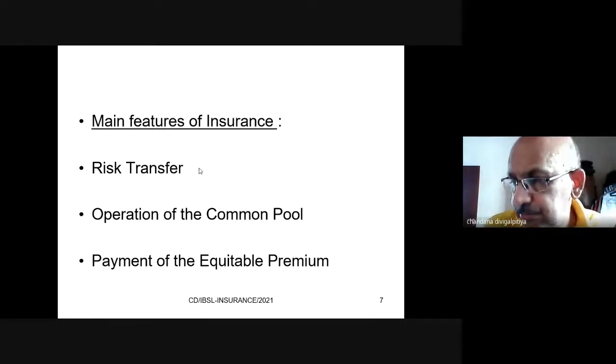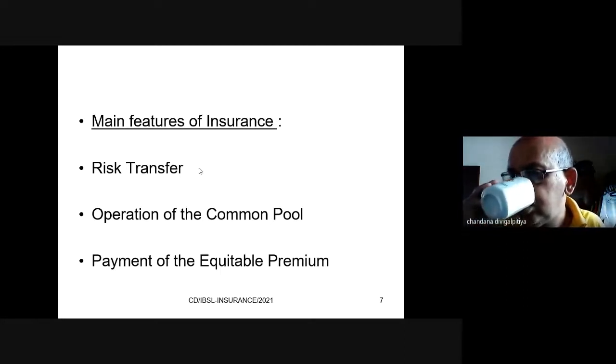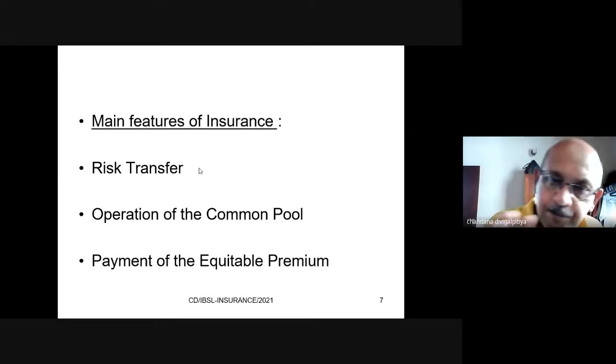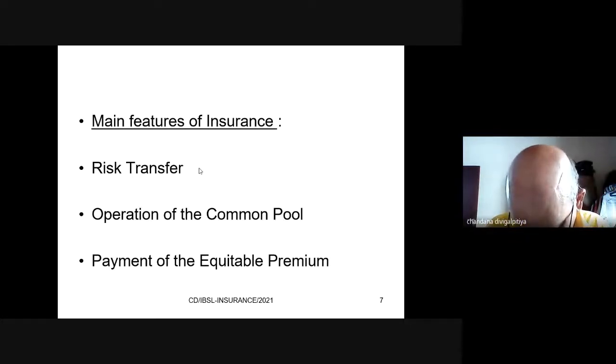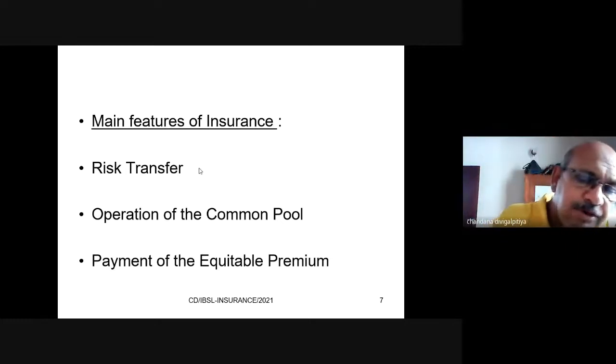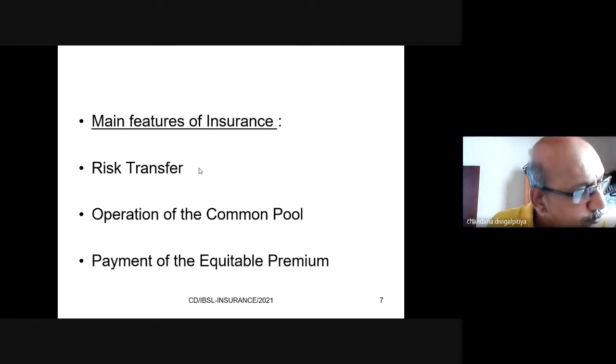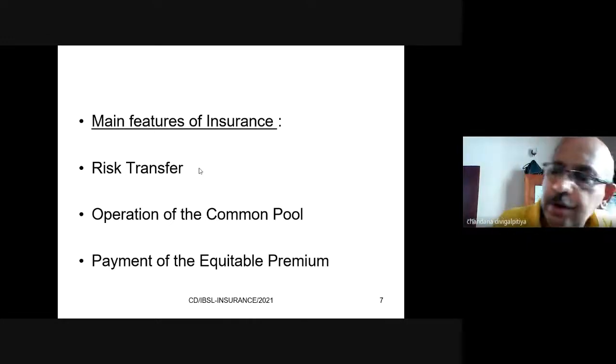In insurance, various types of risks are being transferred from the insured to the insurer.